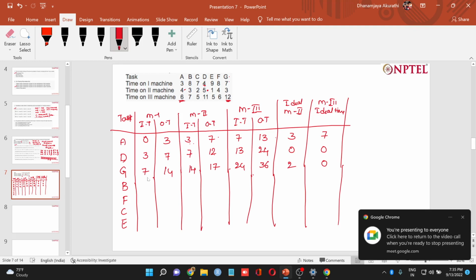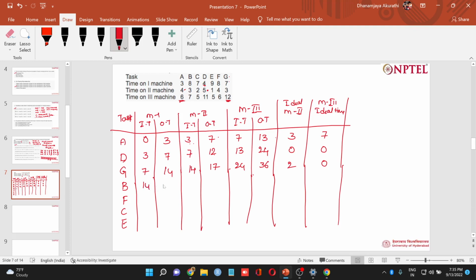And to do the process job of B on machine 1, there is an in time of 14 and out time is 14 plus 8, 22. And here the maximum value is 22. So the in time of machine 2 to do job B is 22, and 22 plus 3, 25.